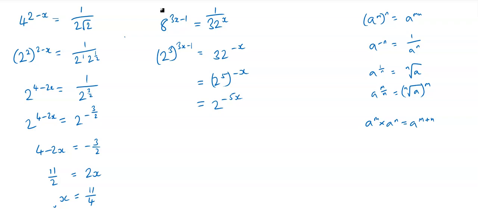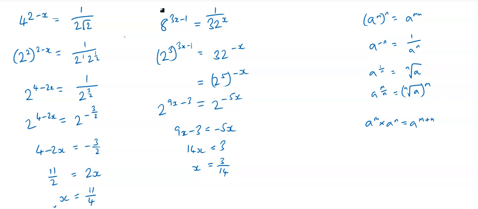On the left-hand side, we're going to multiply 3 by that bracket, so we have 2 to the 9x minus 3. Now we have 9x minus 3 equals minus 5x. 14x equals 3, x equals 3 on 14.